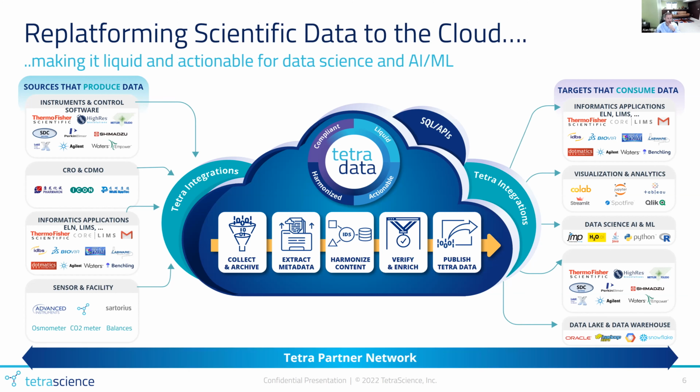It's also really important to note that we fully believe there is no one vendor on the planet that can do all this alone. And so you can see on the bottom there, we talk about the Tetra Partner Network. And this really is the ecosystem of vendors that we think have to collaborate to come together to get customers to their desired endpoint.